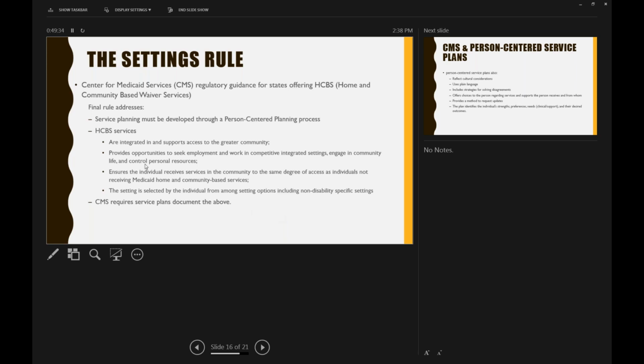So this settings rule and what it mandates is very similar to what we saw in vocational rehab mandates and WIOA.